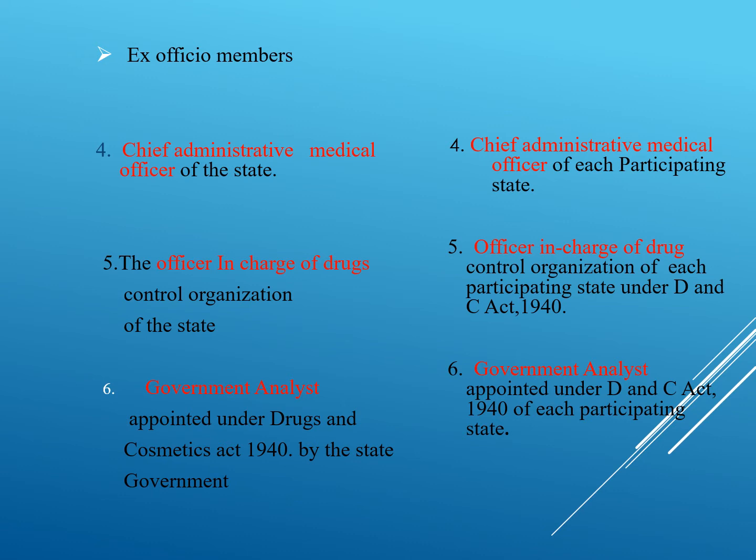In Joint State Pharmacy Council, the officer in charge of the drug control organization of each participating state under the D&C Act 1940. In State Pharmacy Council, the government analyst appointed under the Drug and Cosmetic Act 1940 by the state government, and in Joint State Pharmacy Council, the government analyst appointed under the D&C Act 1940 of each participating state.